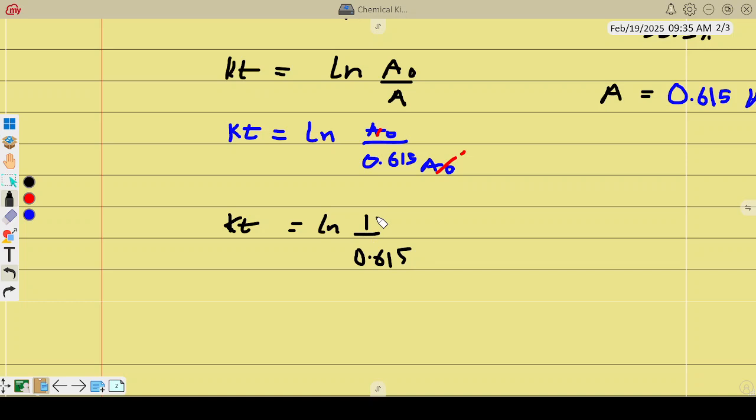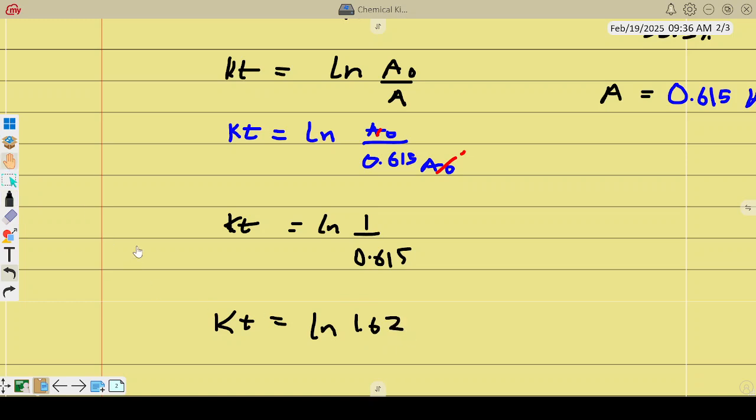At least let's divide. What is 1 divided by 0.615? When we simplify this, we're going to have kt is equal to ln 1.62.